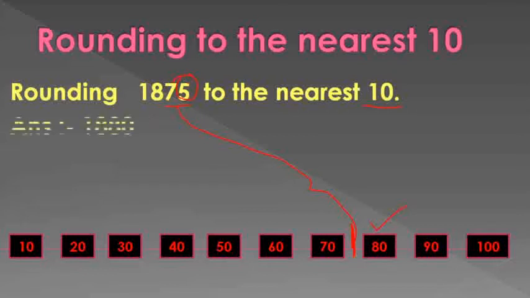So the number will become 1880. Don't bother whether the number is 4 digit or 5 digit or 6 digit. Whenever you have to round to the nearest 10, you have to observe only the last two digits, the unit place digit and the tens place digit.